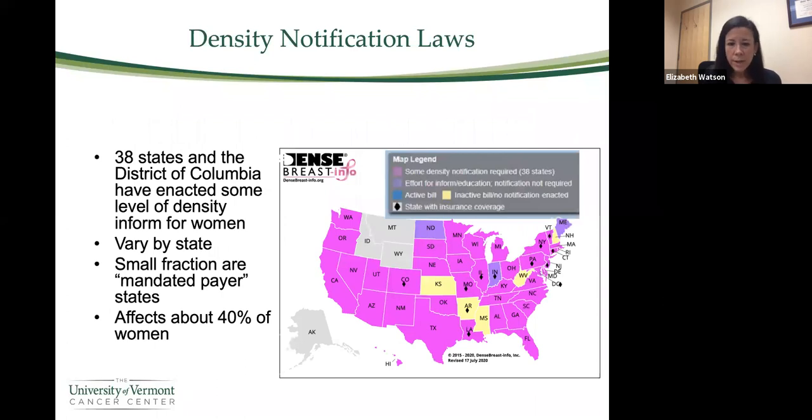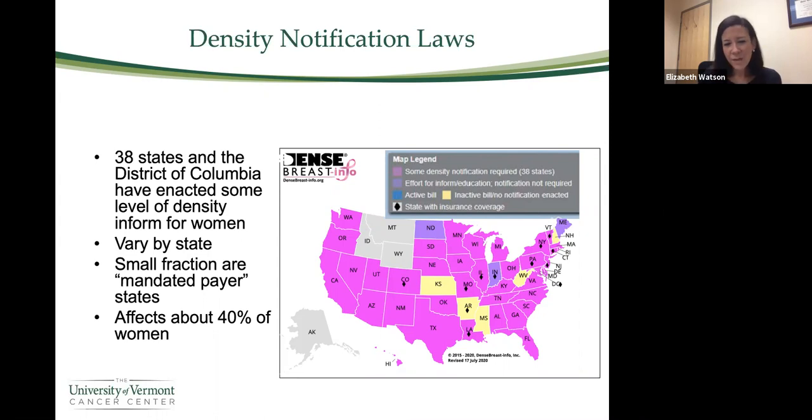And so you can see, this is a map that I took from a website called densebreastinfo.org. And about 38 states and the District of Columbia have enacted some level of density information for women. So there's some level of legislation in each of these states, which are pink on the map, so that anytime a woman has a mammogram in these states, there is an automatic notification that is created where they are notified of their breast density.